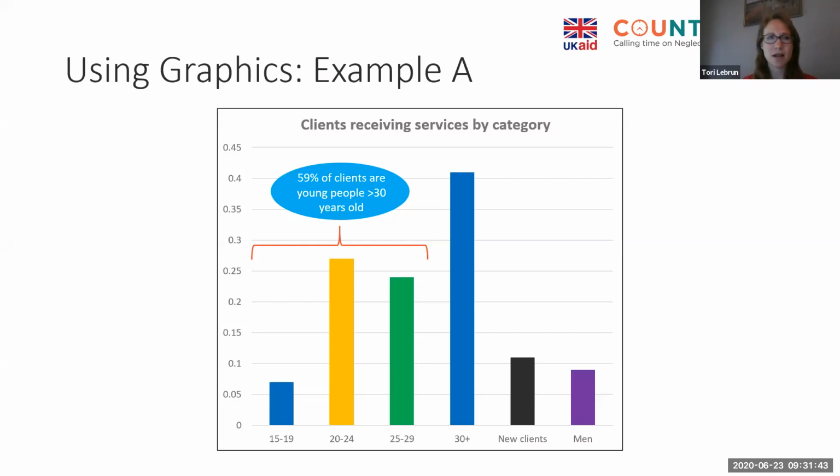Some of the problems that I see occasionally are the use of a bar chart when a pie chart would be easier to read, or vice versa. This example here is some data about clients in a health system. It's just a generic graphic here, but this is an example that came out of a project I was working on.